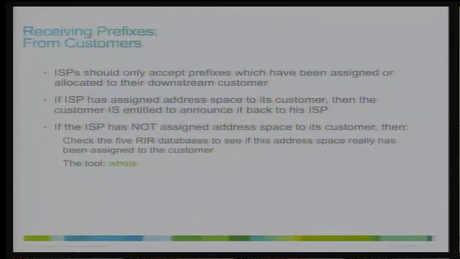From customers, you only accept prefixes from customers who have been assigned their own address block. So you do not receive prefixes that you have assigned to your customer.